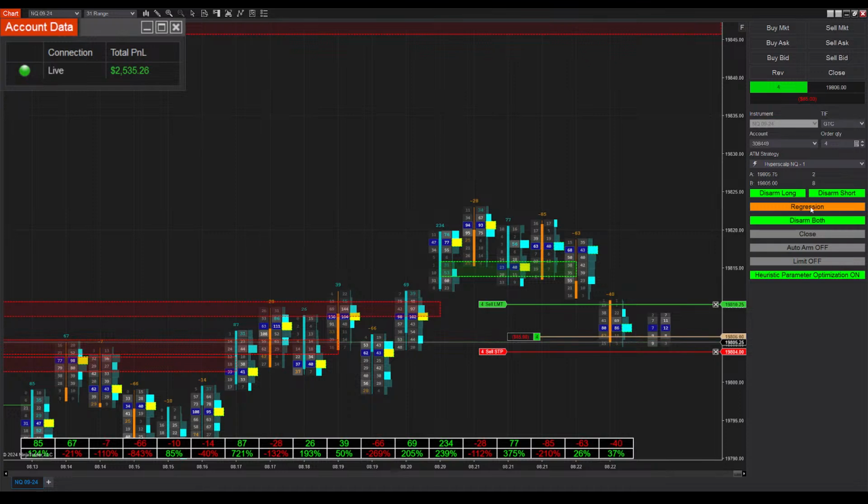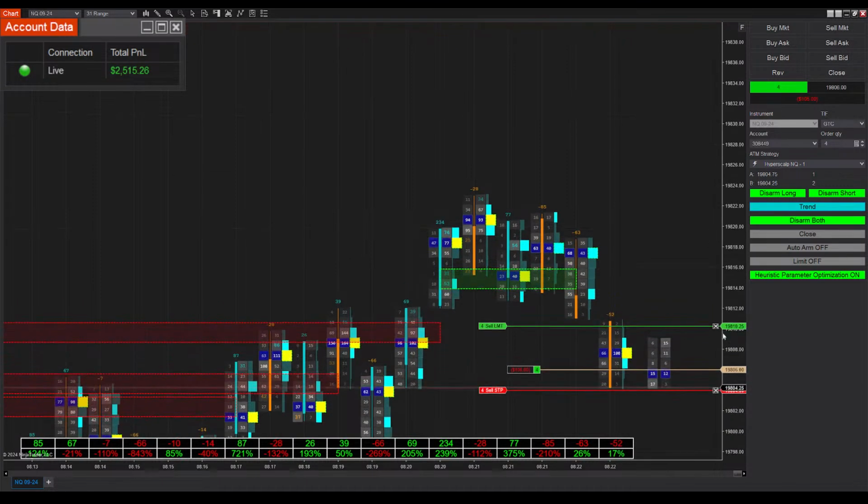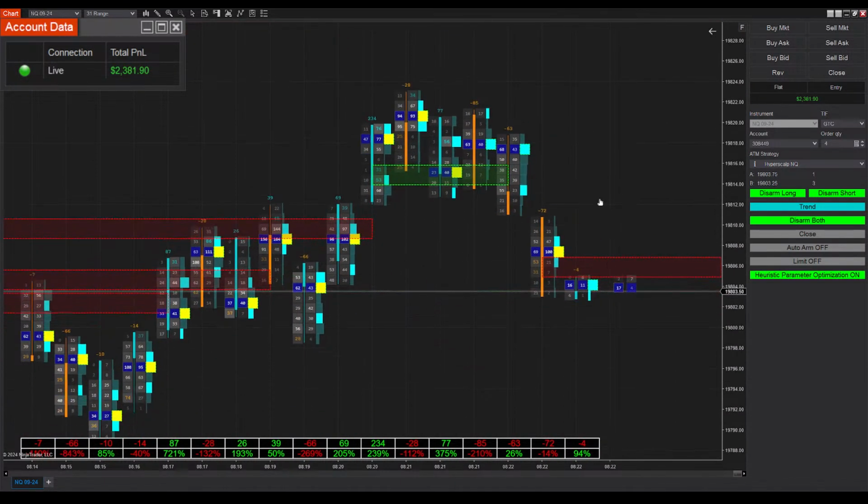If we lose this trade, we're swapping to trend. I'm going to preemptively do that here as it looks like we drop down. Ended up losing that trade, sadly.